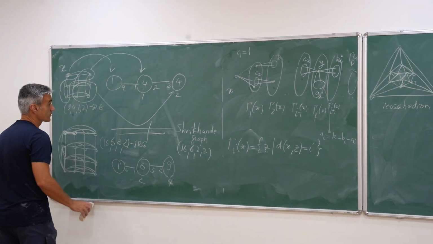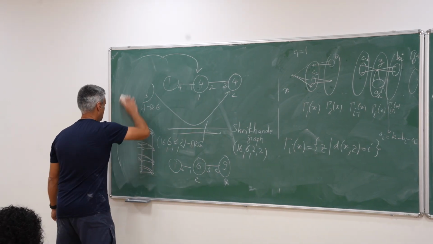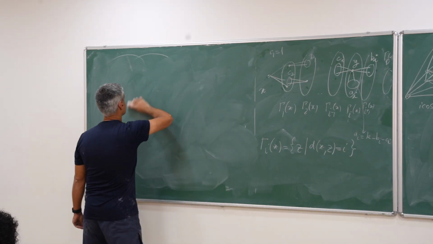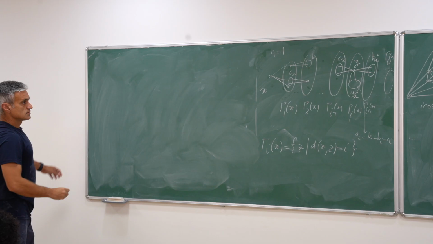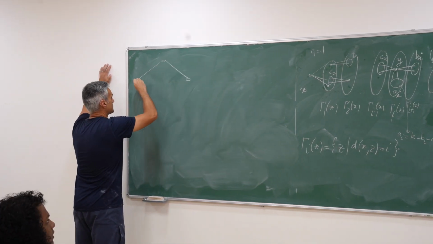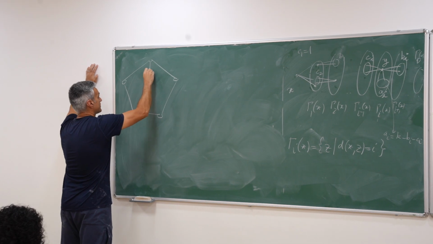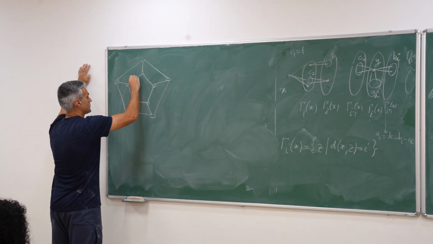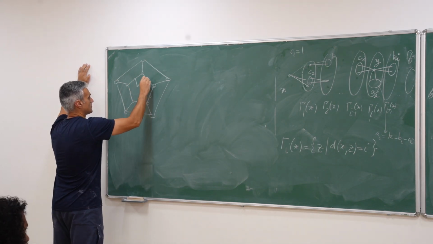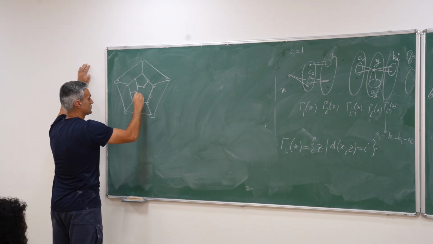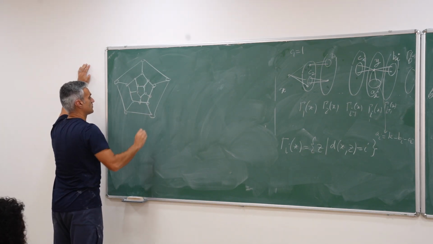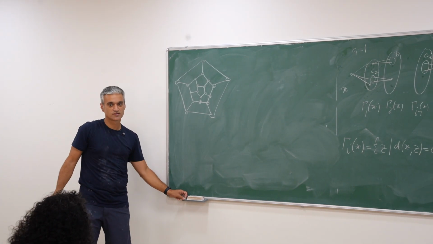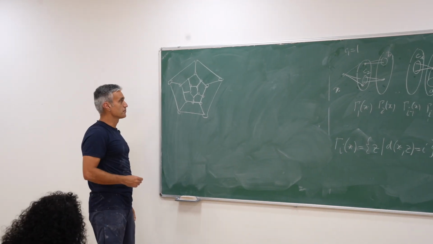And then one more. Which one is this? If it's the icosahedron we did, this is the other one, the dodecahedron.